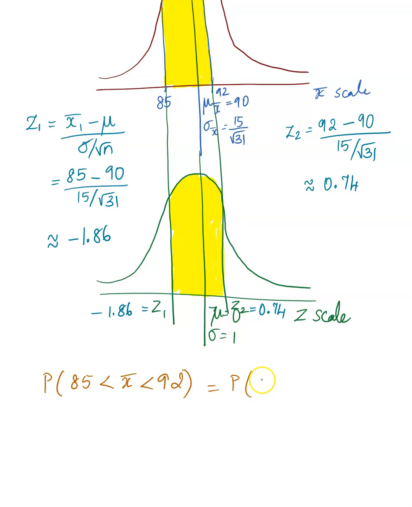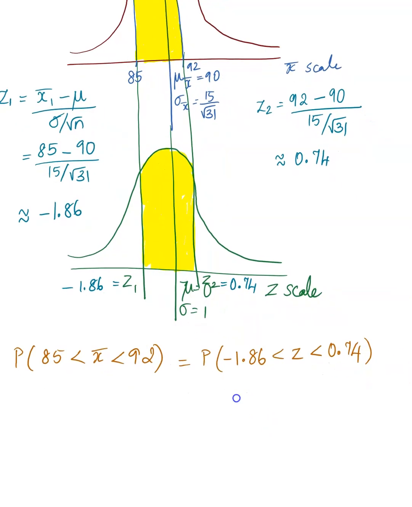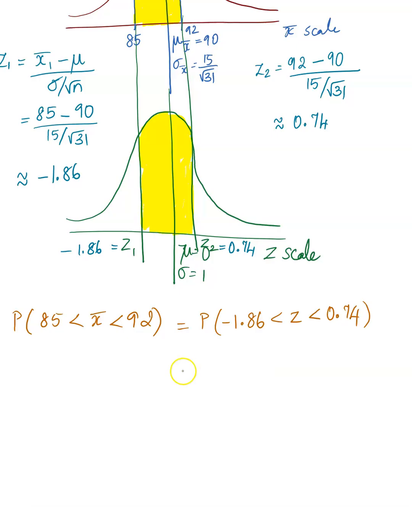So let's first write the corresponding values here: negative 1.86 less than Z less than 0.74. That's the conversion from x bar to Z. But when you're using the table, you take the probability of Z less than 0.74, minus the probability of Z less than negative 1.86, because that's the bigger area minus the smaller area.